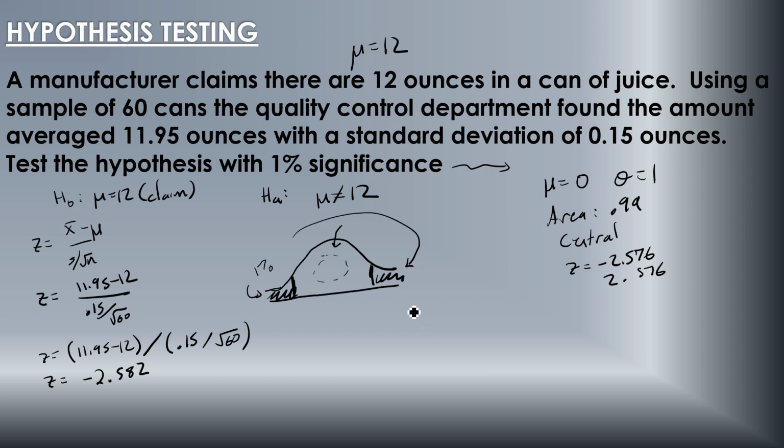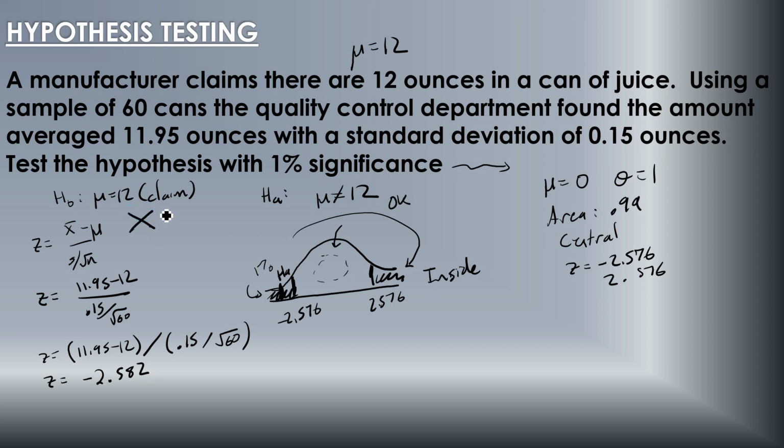Okay, so now that we have those two, we know that we have this right here, this right here, and negative 2.582, well, that's lower. That's like right here. This is HA. So it's in the critical region. HA is inside the critical region, which means we are okay with this statement.